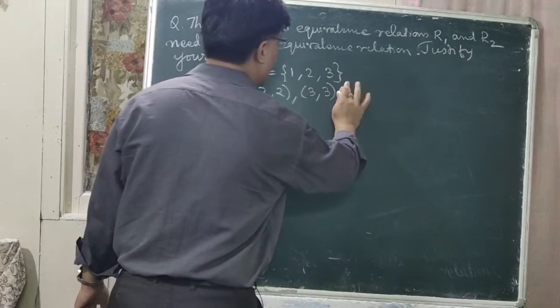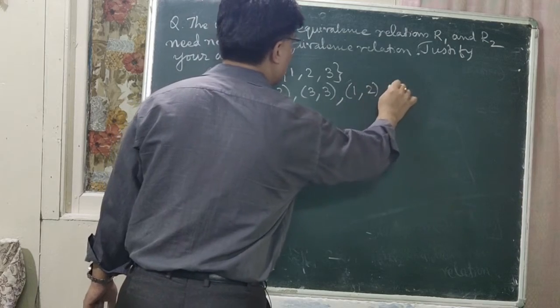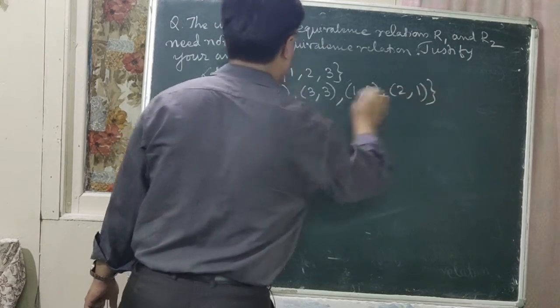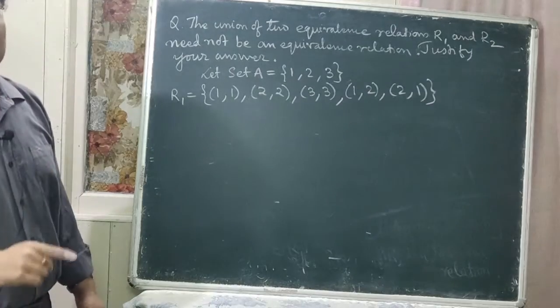Again you can add here (1,2) and (2,1). So you know that this is reflexive, symmetric and transitive.